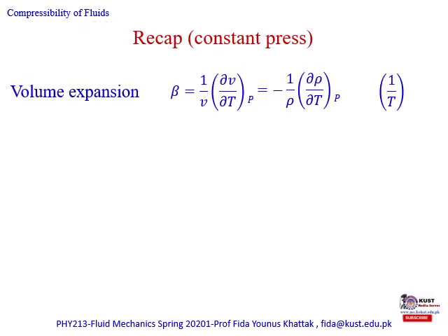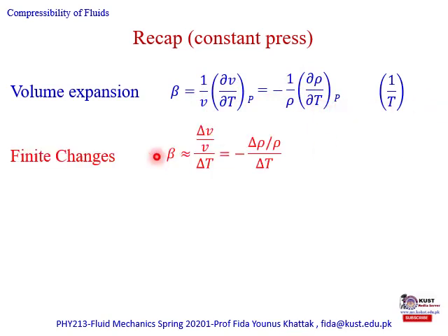Let's recap. We have volume expansion beta is equal to 1 over V, without a negative sign, into del V over del T at constant P, which is equal to minus 1 over rho, del rho over del T at constant P, and the units are 1 over T. For finite changes, we have beta is equal to delta V over V delta T is equal to minus delta rho over rho delta T. And for an ideal gas, we know that beta is equal to the inverse of the absolute temperature.